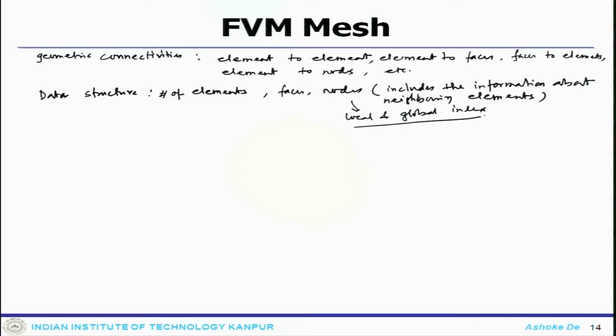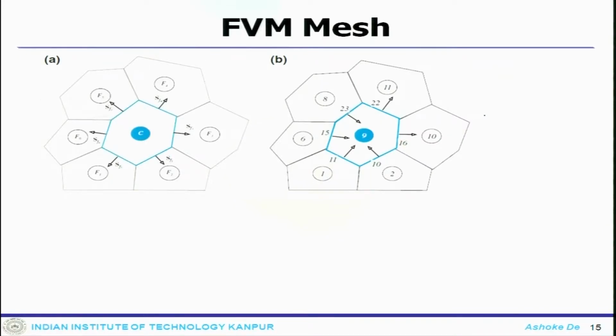Now, if you try to do the calculation for the gradient, let us say you mark these things properly. So, we have element 9, and here this is the local index.